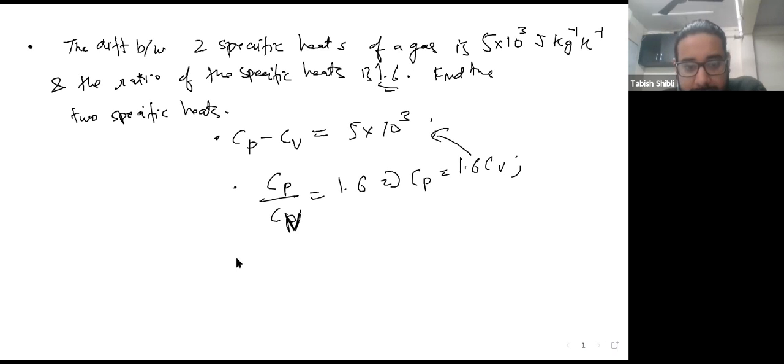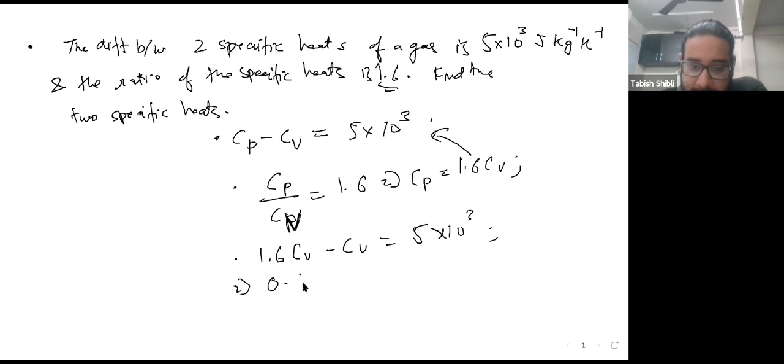Let's put it back inside. What do we have? You have 1.6 Cv minus Cv is equal to 5 into 10 to the power 3, which is 0.6 Cv is equal to 5 into 10 to the power 3.